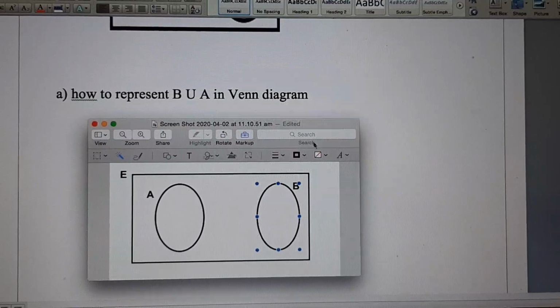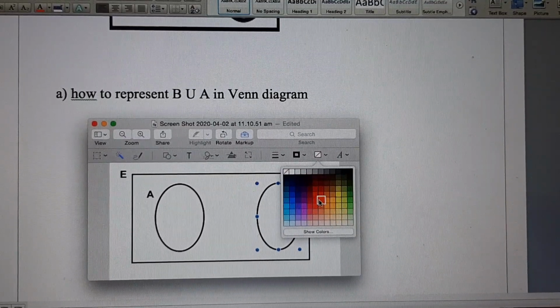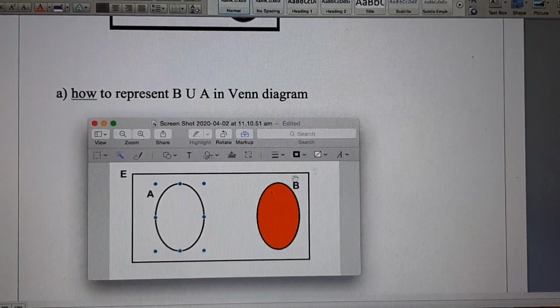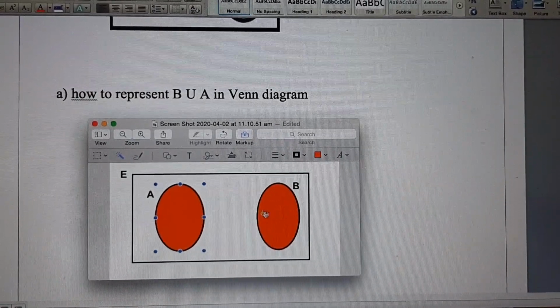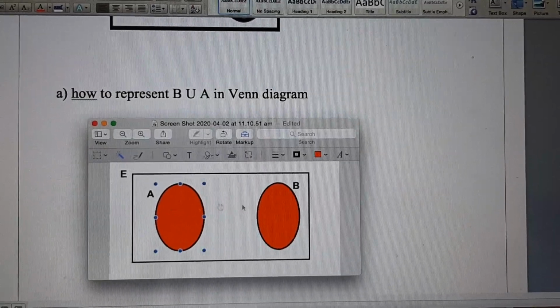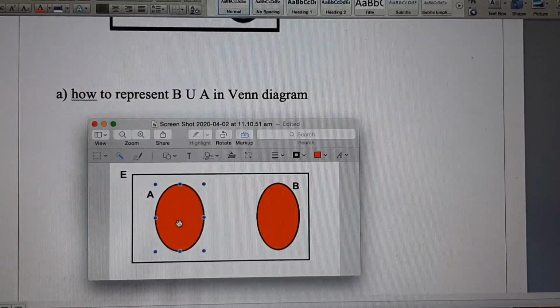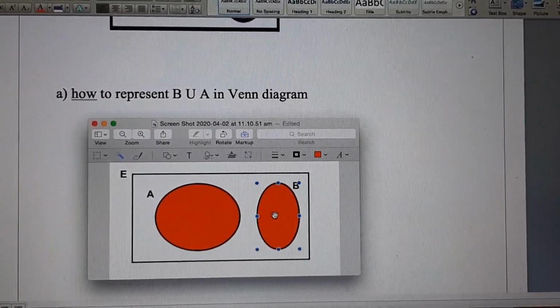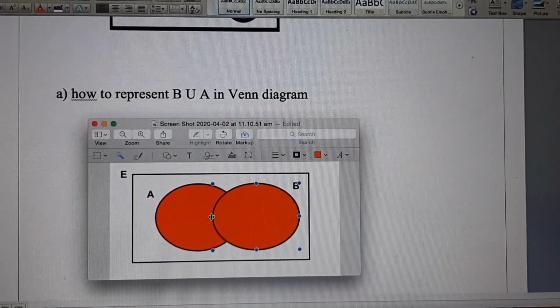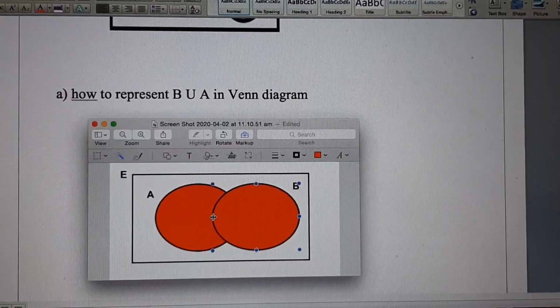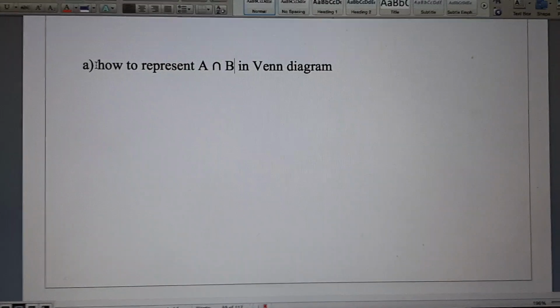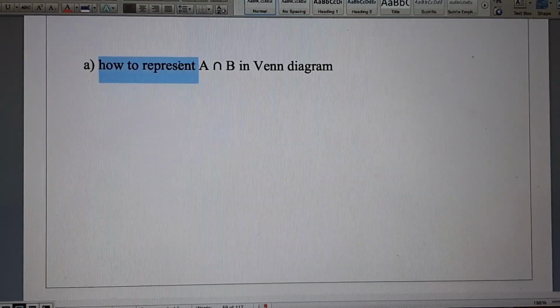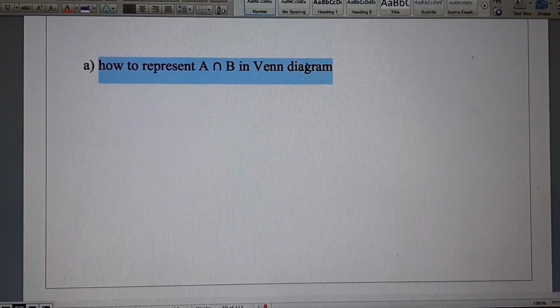You will shade B using any color, and then you will shade A. That's it. This is the answer for B union A when your sets are not overlapping, and if they are overlapping, there will be no difference. Again B and A both are shaded. So this is the result for overlapping sets, and this one if they are not overlapping.